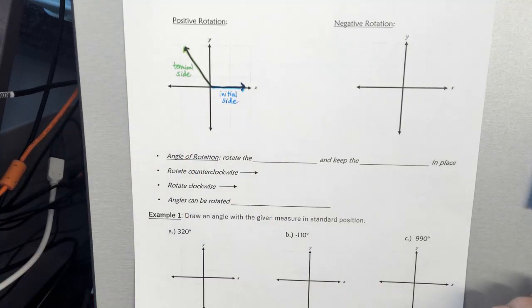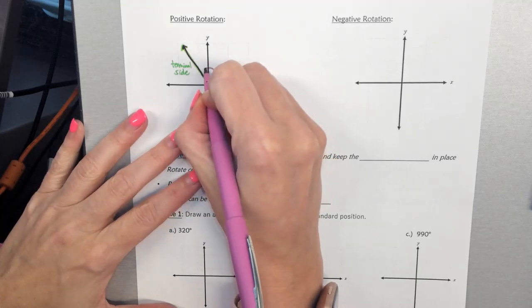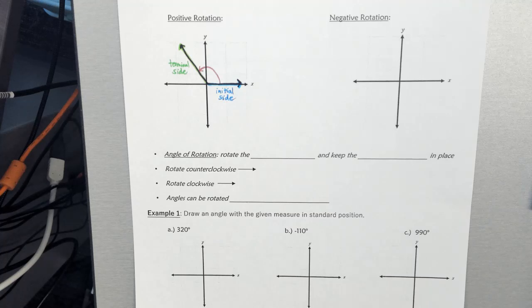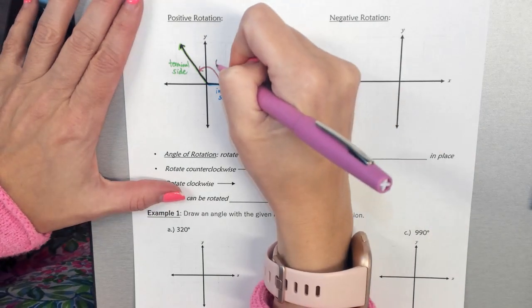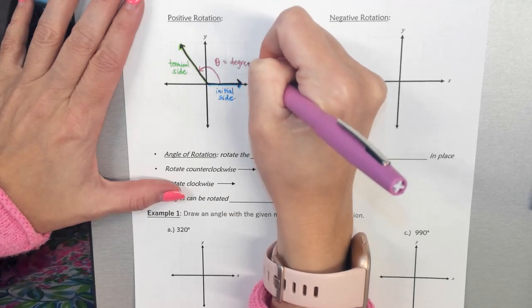When you are making this angle, you are going to draw in an angle that shows where it starts to where it ends up. So you do need the arrow on this to show it starts with the initial, goes to the terminal, and then whatever your degree is, you're going to write theta equals that degree.